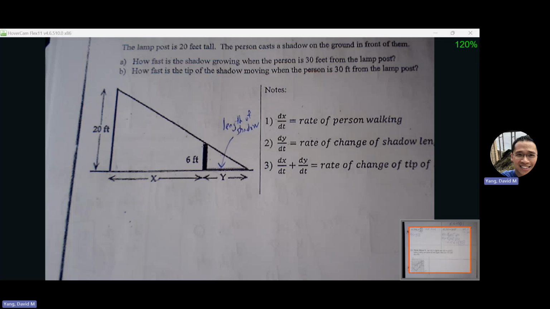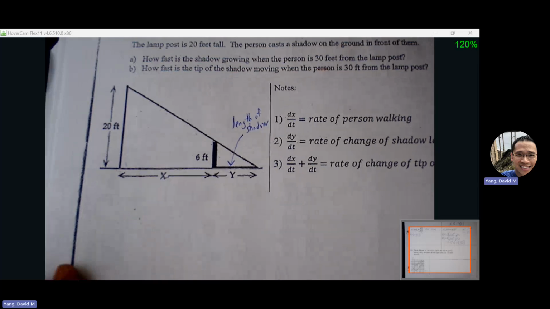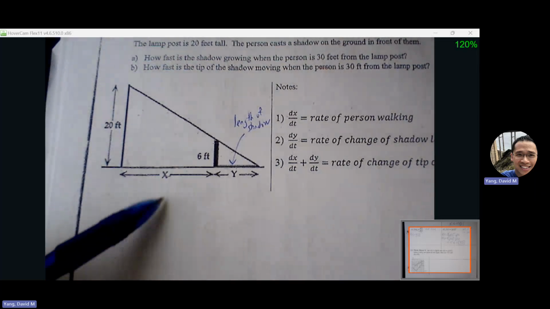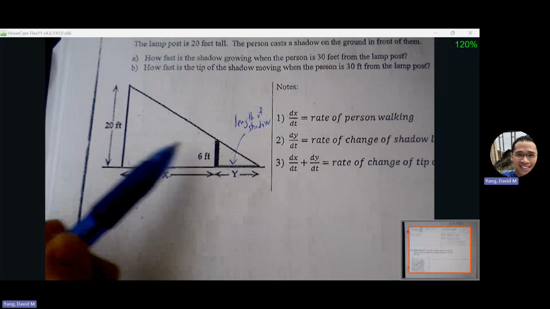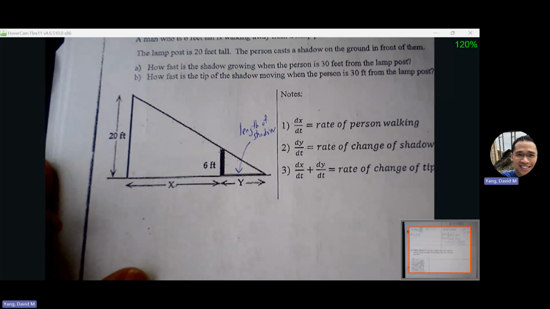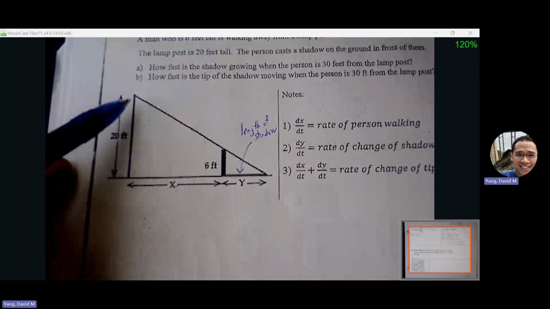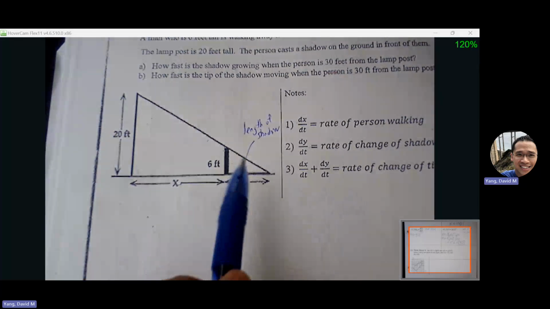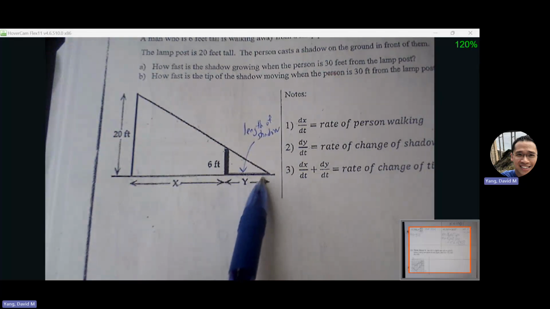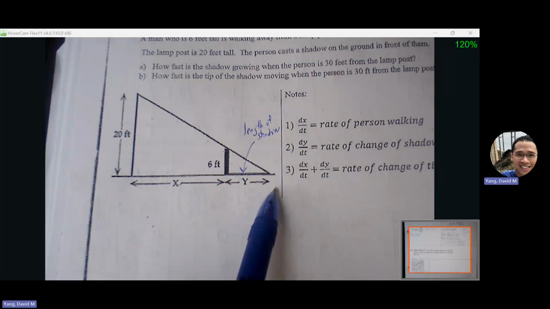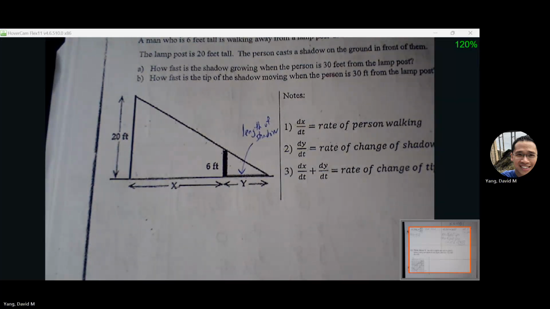similar triangles. Okay. We're going to start off by creating an equation that relates the different side lengths to each other. So we know that the 6 and the 20 are proportional to each other. And we also know that the base and the large base are also proportional to each other. So I can say this.